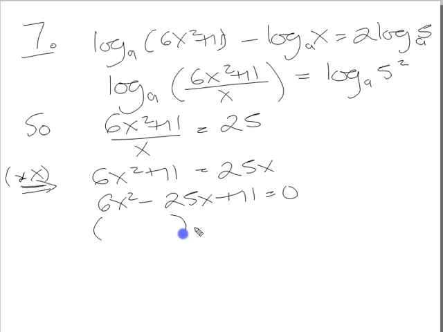Let's just try and factorize it then, because 11 only goes into 11 and 1. So how many x's and how many x's? 3 and 2? Doesn't look like it.